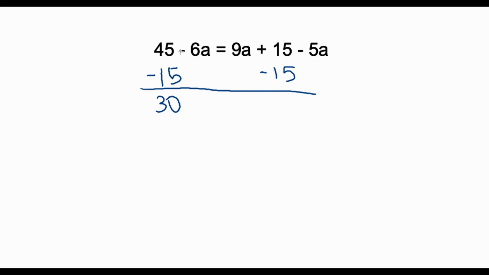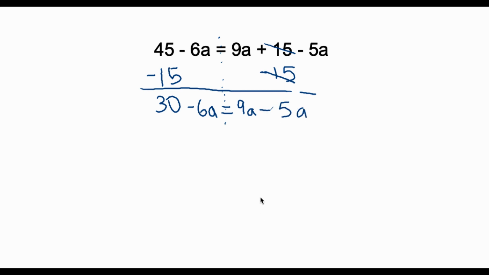We did not do anything to minus 6a, so we simply bring that down. Now I didn't do the dotted line here, so I'm going to do that and bring down the equal sign right where the dotted line is. 9a, nothing happened to that, so I bring it down. The 15 minus 15 canceled out, leaving us with minus 5a. So I'm going to bring that down with the subtraction in the middle.